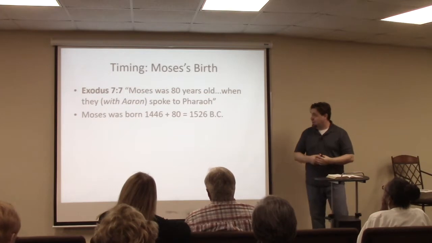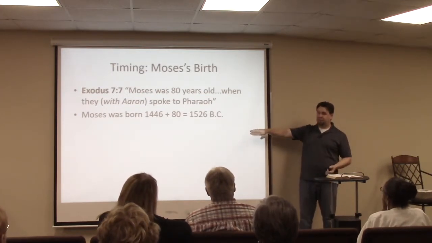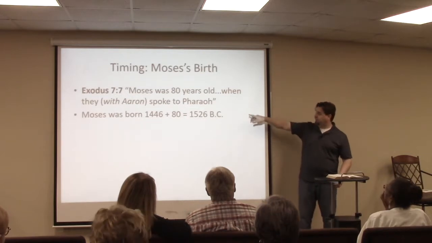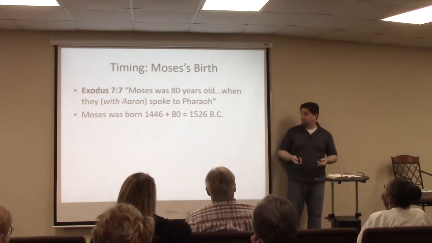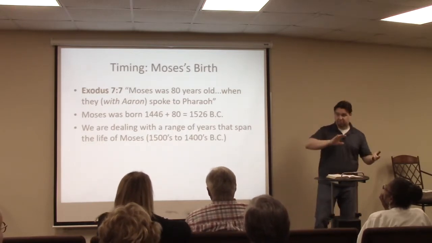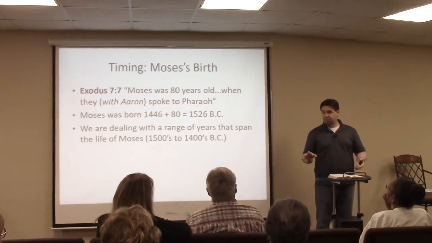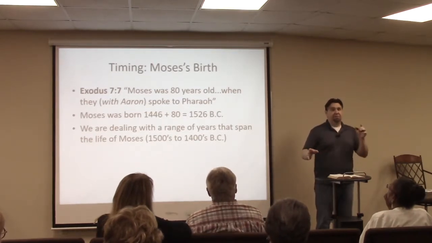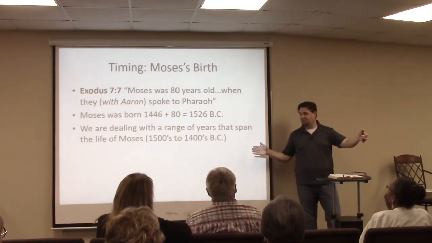Sheep's pen. All right. So Moses was born. If the Exodus is in the year 1446, circa 1446 plus 80 equals 1526 BC for Moses' birth. And since we're dealing with a range that is going around Moses' lifetime, Moses is going to die at 120. Okay, so we're talking about somewhere in the 1500s and somewhere in the 1400s.